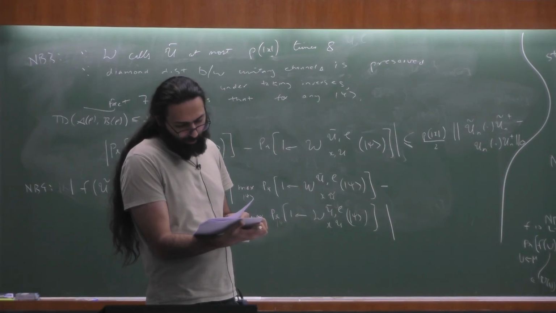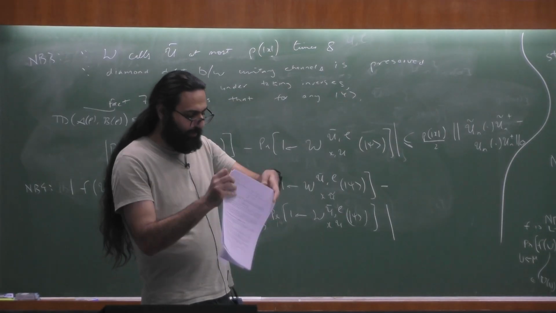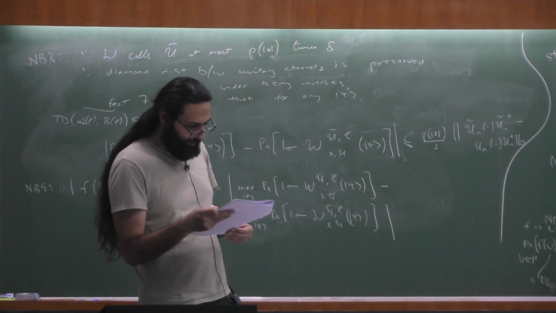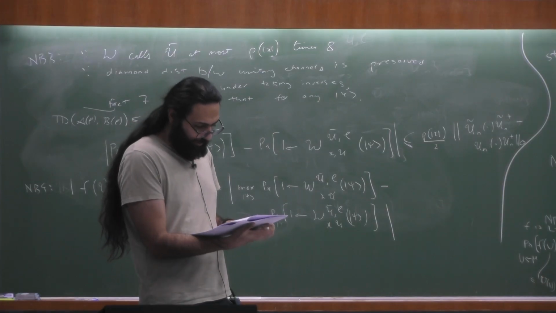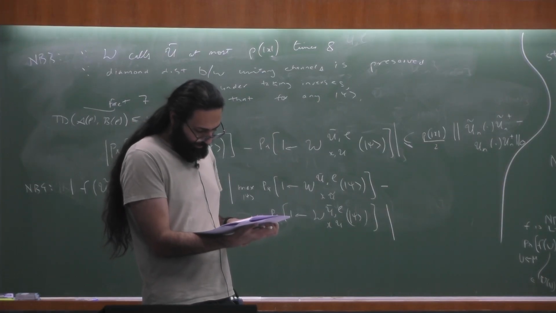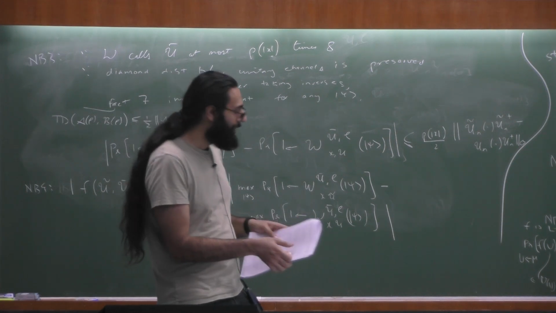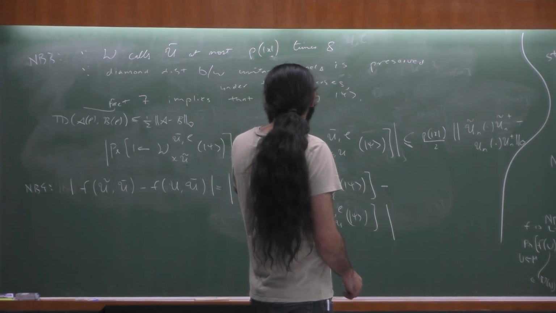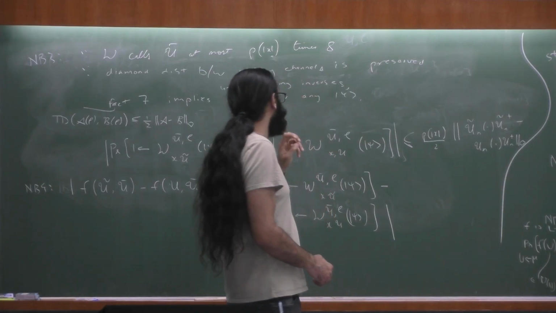So I think this has more to do with how we formalized the game. I think I sort of forgot how the game was formalized. So yeah, I think this is nothing very deep.